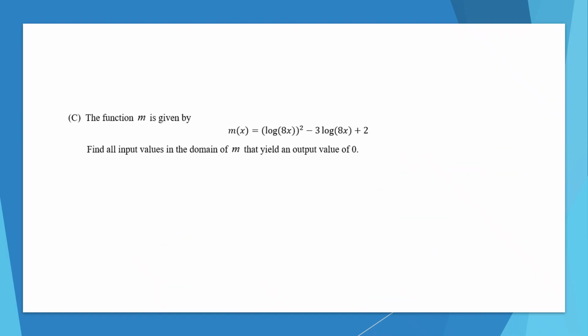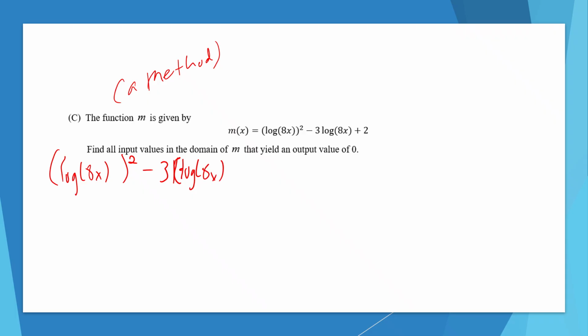Part C, this is going to be an A method problem. Part C will typically be the only time you see the A method. Here, we want to see where this is equal to 0. So we have log 8x, and this whole thing is squared, minus 3 times log 8x plus 2 equals 0.